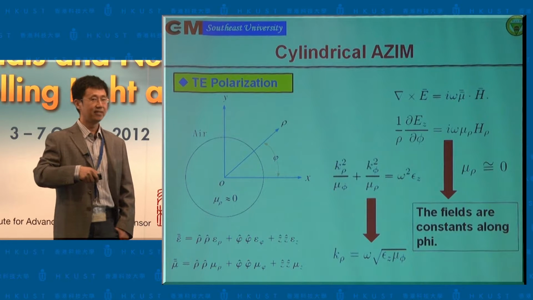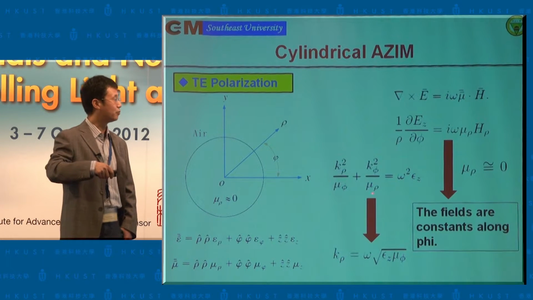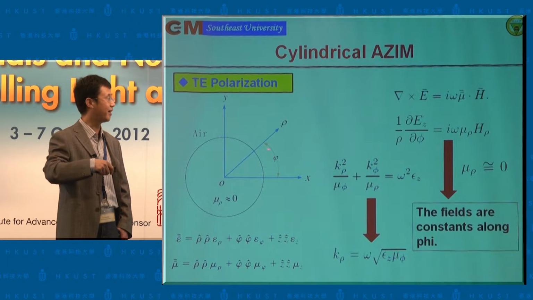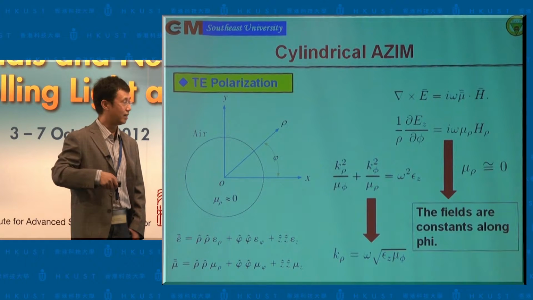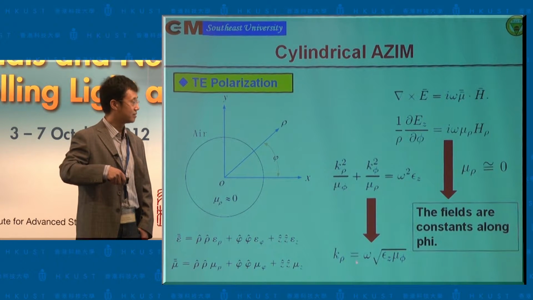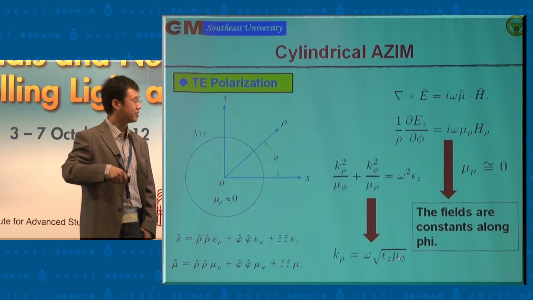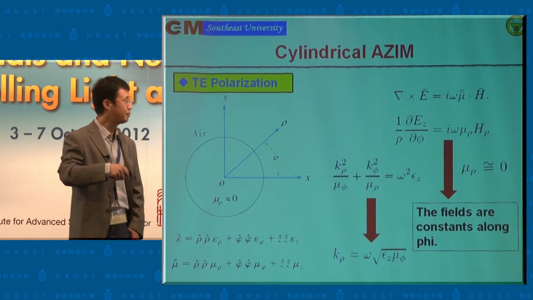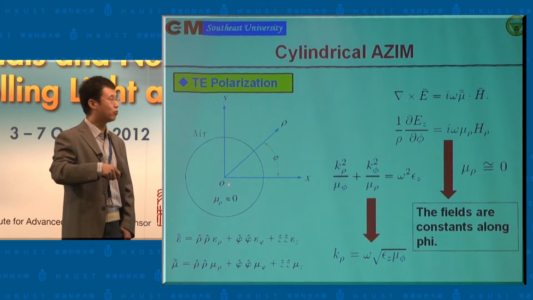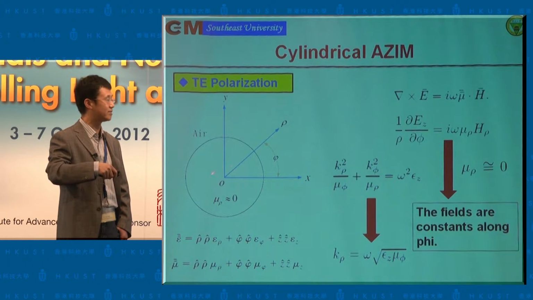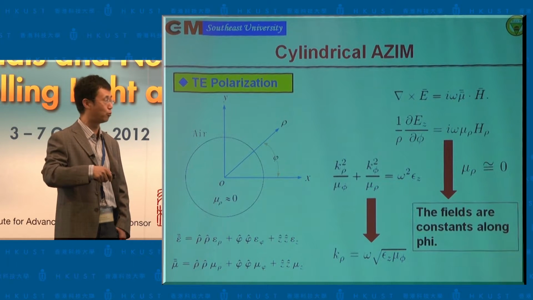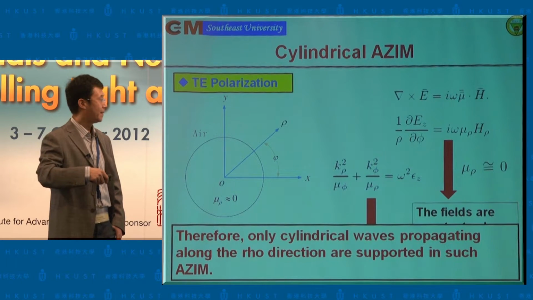And second, from the dispersion equation, when mu rho is equal to 0, we can easily obtain k phi equal to 0 and k rho equal to k naught times square root of epsilon z mu phi. So that means no matter what kind of sources are inside, it always radiates a perfect cylindrical wave.